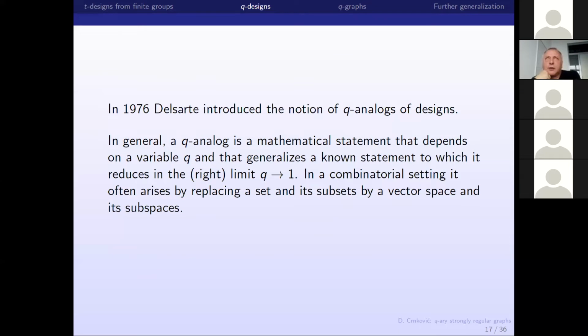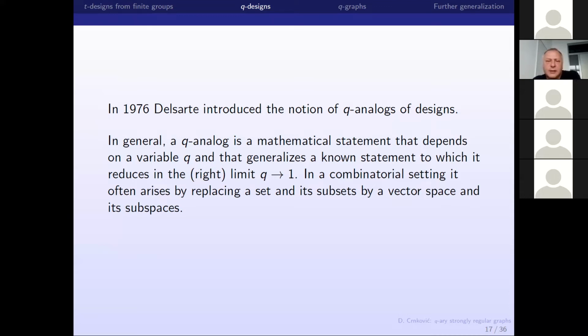In general, a q-analog of some statement which depends on a variable q is a statement that generalizes the known statement, and to that statement, this generalized statement reduces in the limit when q goes to 1.